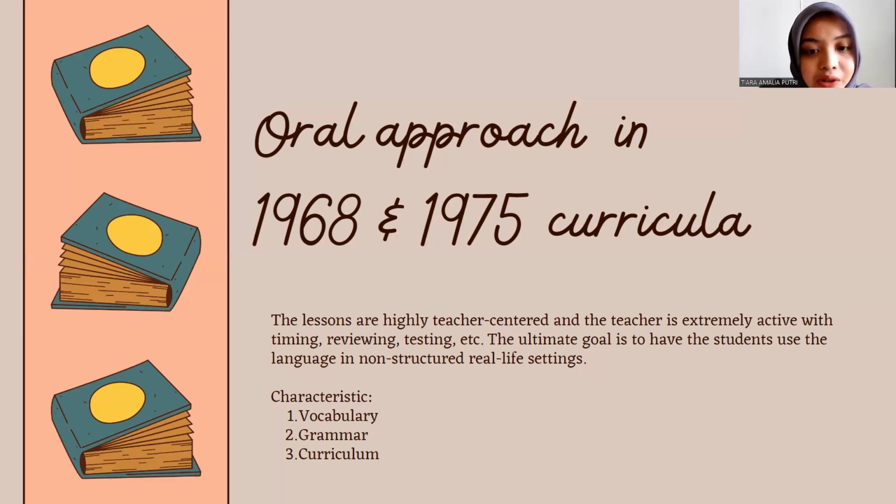Students learn the structures in order to use and understand the language. Next is curriculum. There are 3 main elements to curriculum development in oral approach: selection, gradation, and presentation. Selection is the choosing of content, gradation is the process of organizing the curriculum, and presentation is the instructional component.